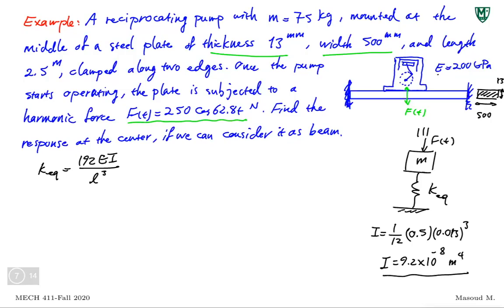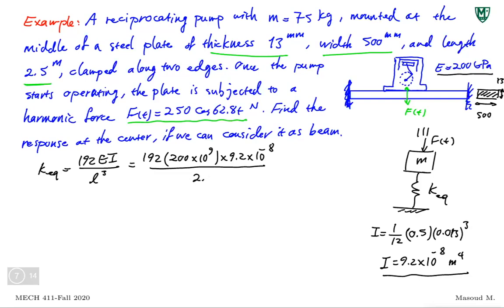E is given, modulus of elasticity 200 gigapascal. So I can calculate the equivalent stiffness: 192 times 200 times 10 to the 9 times 9.2 times 10 to the minus 8, divided by, and I'm given the length of this, 2.5 meters. Right?